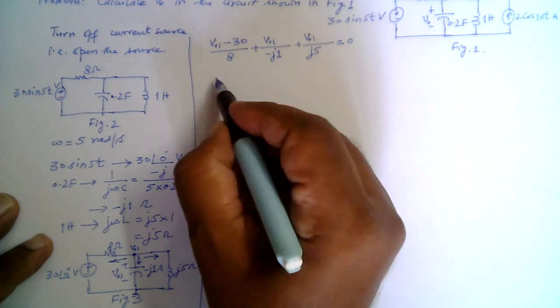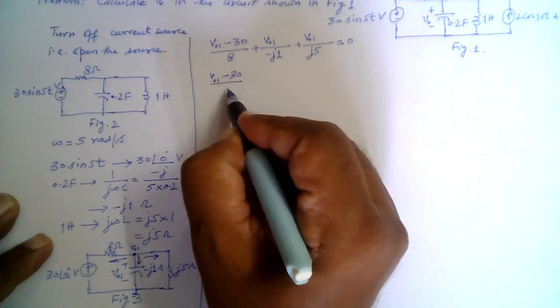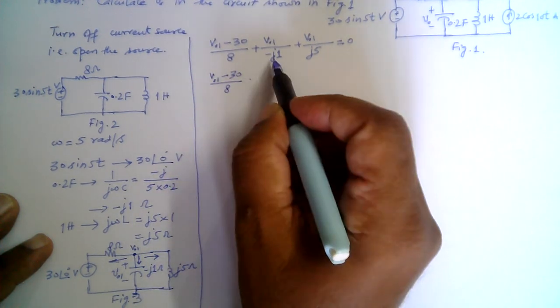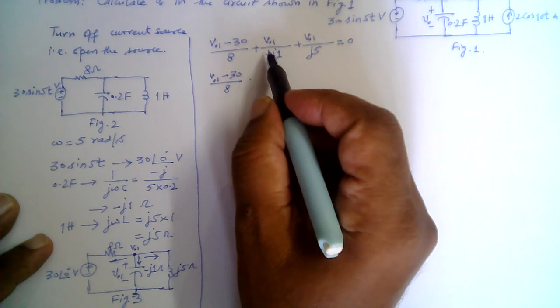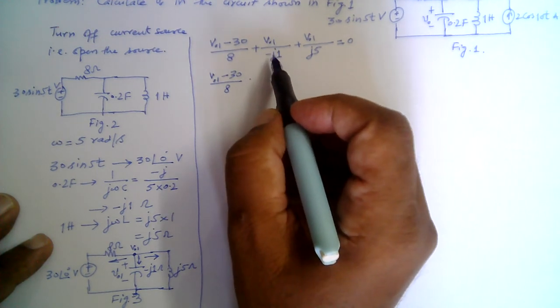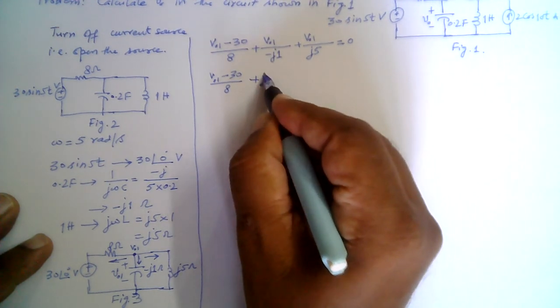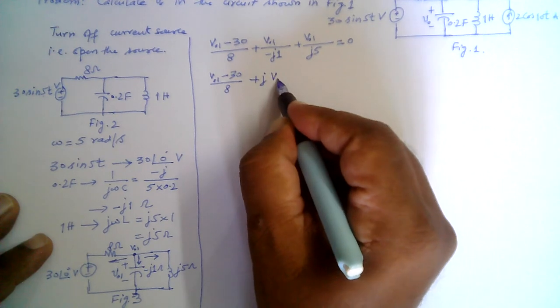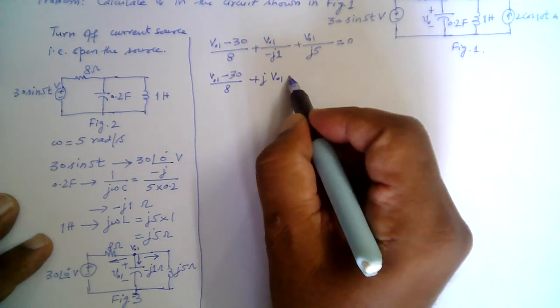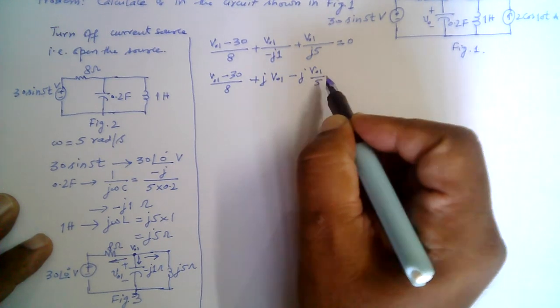So this is (V01 minus 30) divided by 8, and this is minus j. So 1 over j is equal to minus j, so when j goes to the numerator, it will be minus minus plus, so this will be plus j V01.